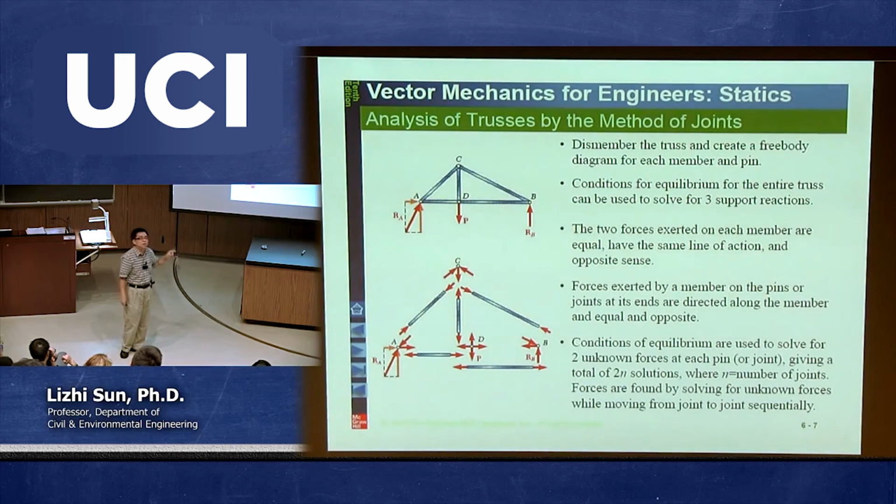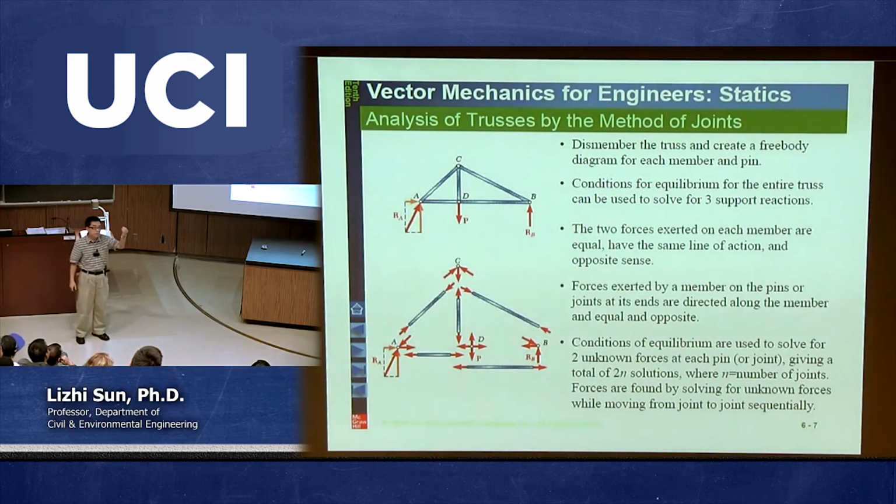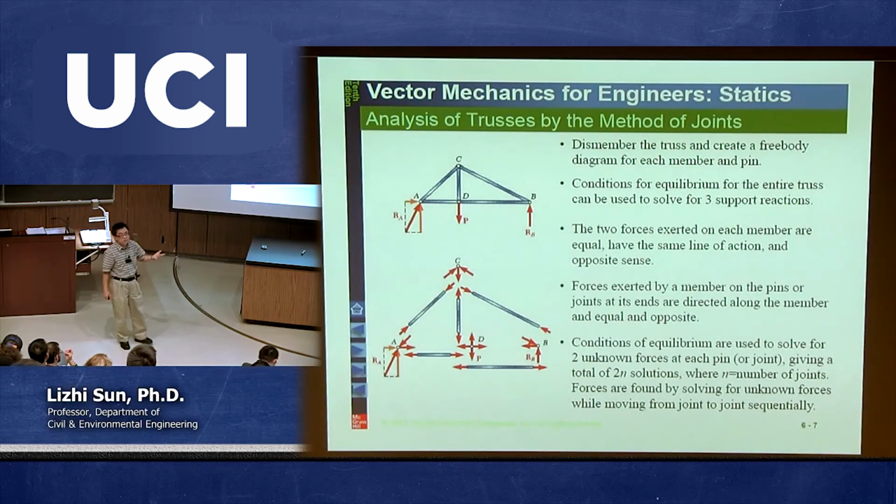Because we do not know whether the force is in tension or in compression, in general I'm going to assume all the forces are in tension first. And if the force is in tension, then the force acting on a certain joint is always the force leaving that joint. And that's an assumption, by the way. It doesn't mean it's guaranteed to be in tension.